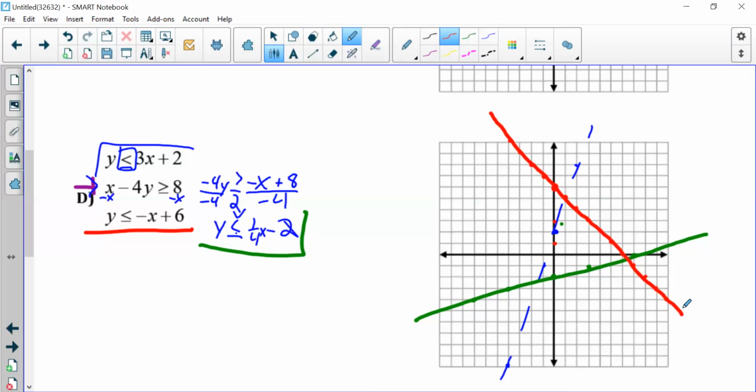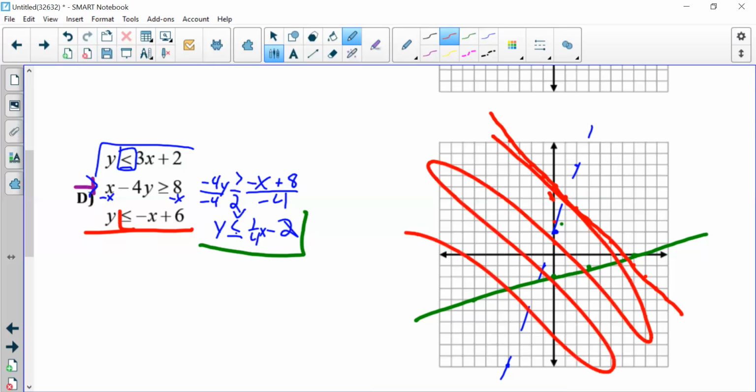All right, so let's start with the shading for this one. And notice it was less than or equal to, so I was right with the solid line. So less than or equal to, this is 6. Where are the y's that are less than 6? Well, they're down here. So my shading is going to be on this side. All right, let's go back to our green line.